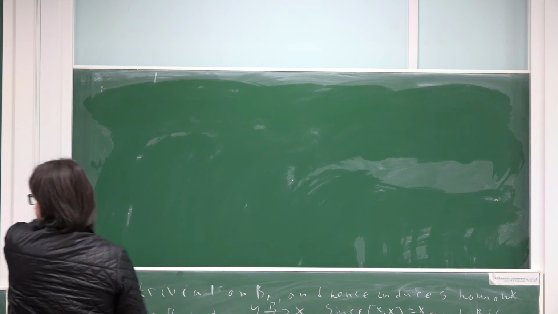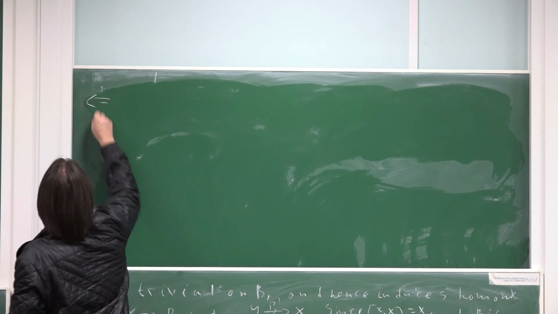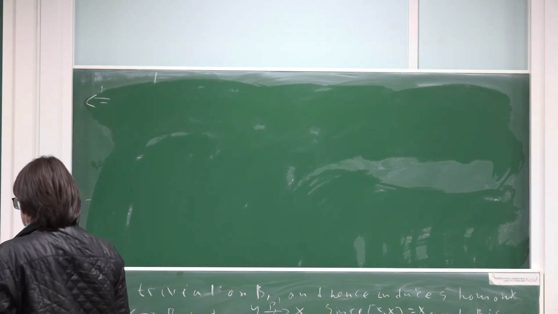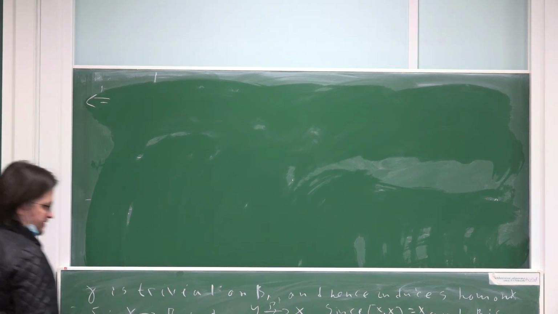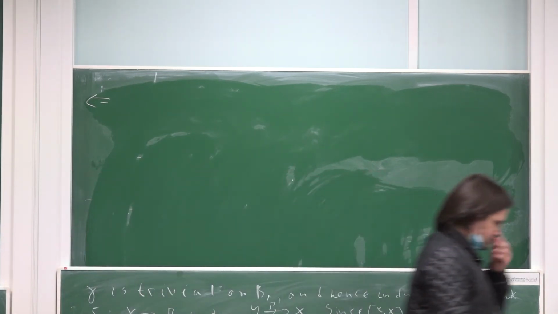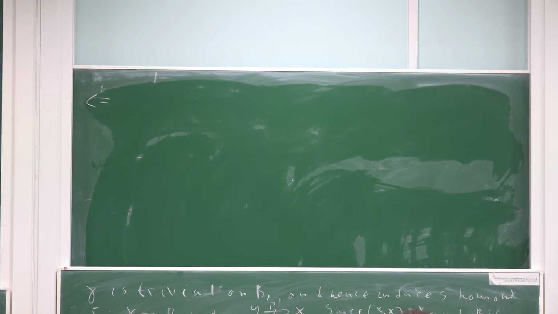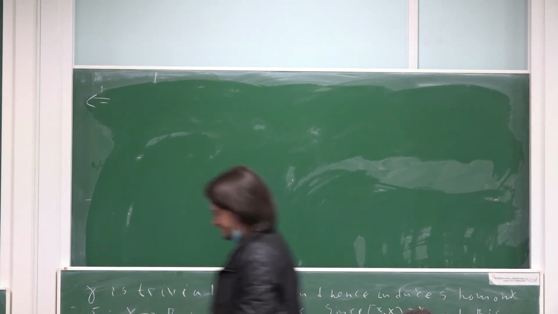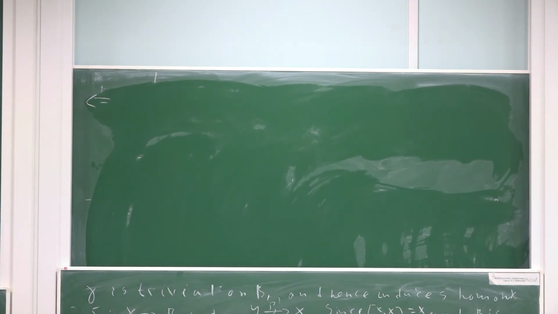So it remains to prove our claim in another direction. Suppose that any central extension of X splits, and let us prove that then this central extension is universal.